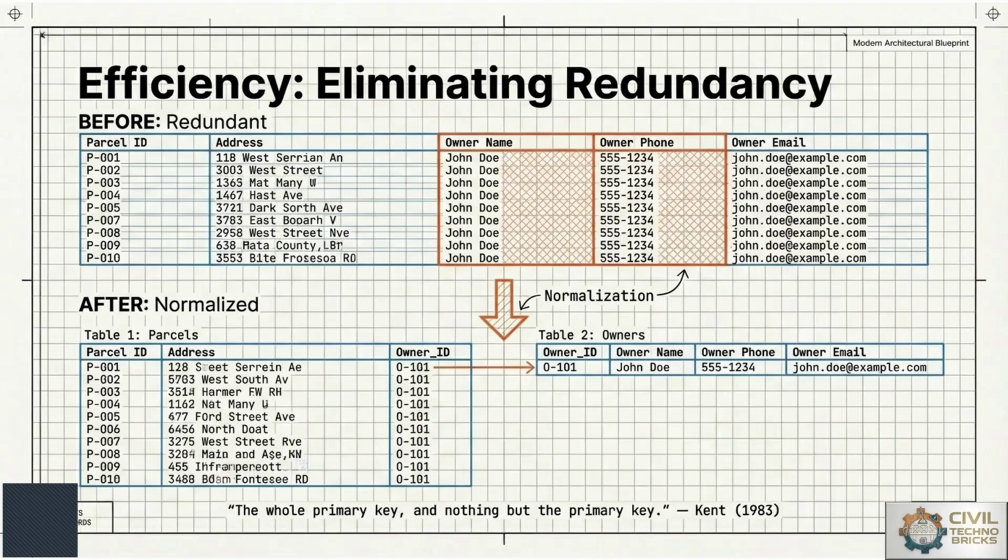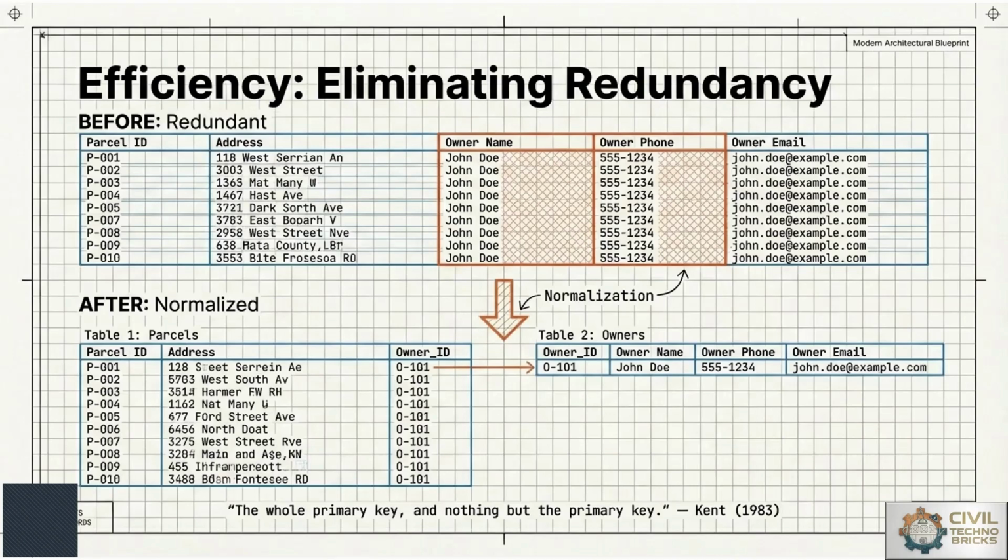Columns 3 and 4 relate to the owner ID for that parcel ID. So table 1 has parcel ID, address, and owner ID. That owner ID is displayed with respect to table number 2, which is of owners, with owner name, owner phone, and owner email.